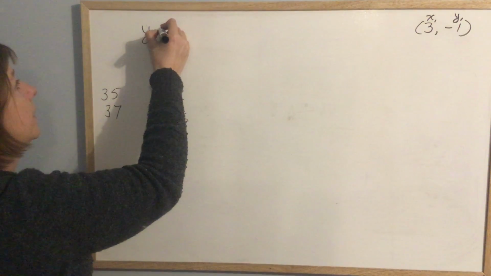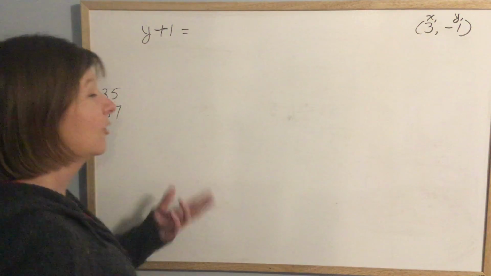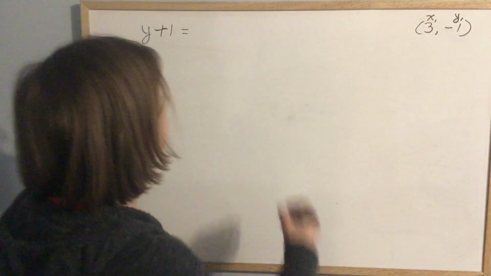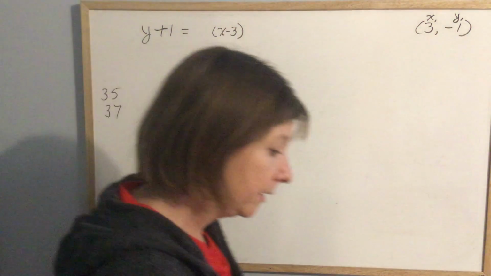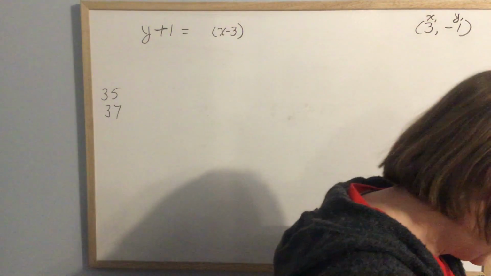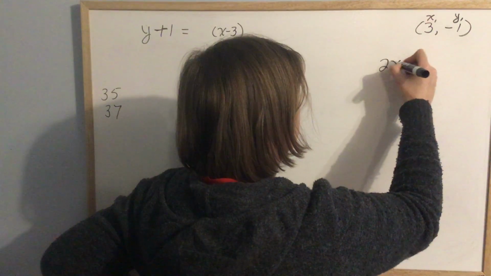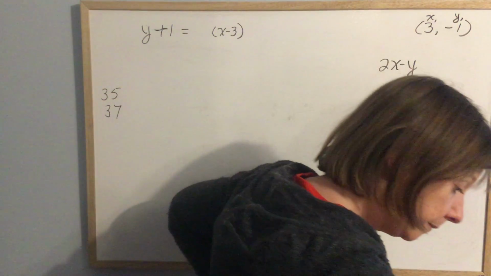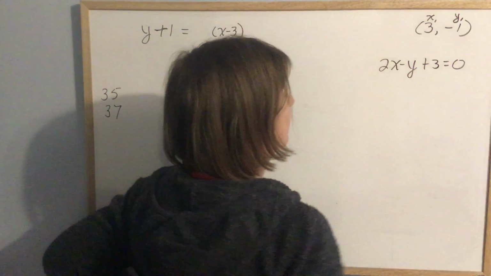Because it's y minus negative 1, that's really plus. I don't know what my slope is yet, but it's going to be x minus 3. Okay. And I'm doing 35. So it's 2x minus y plus 3 is equal to 0.